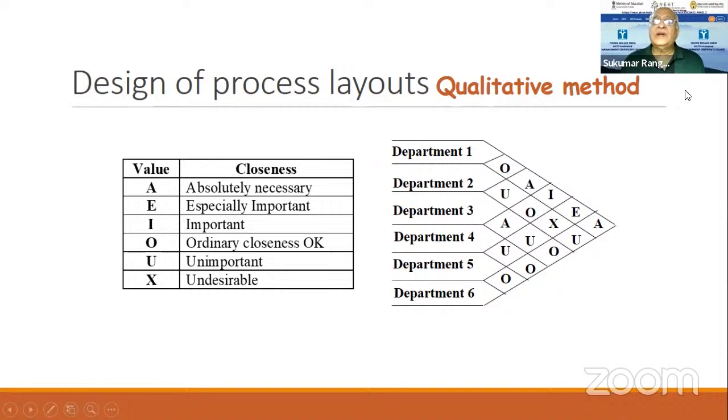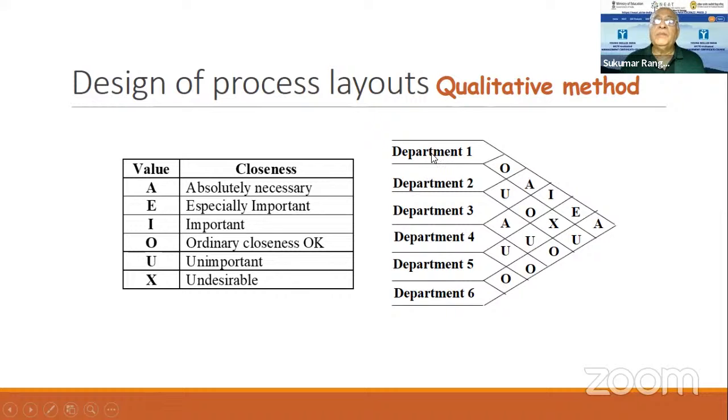A qualitative method uses a kind of matrix, it's called a house matrix, which is used in quality systems also. The terminologies used are: you put absolutely necessary, essentially important, ordinary closeness, unimportant, undesirable.